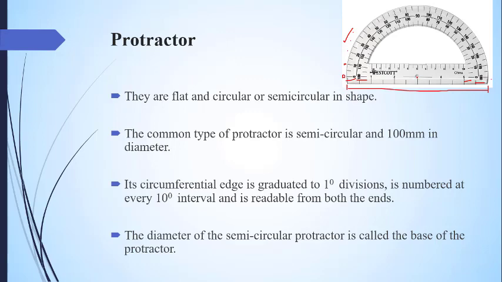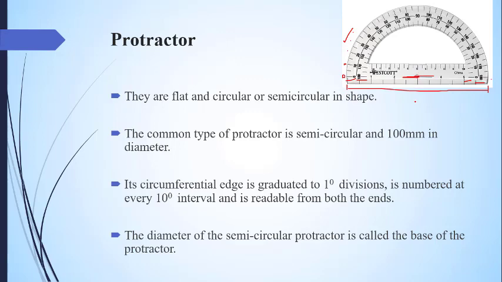We must keep in mind, if you want to measure the angle, this point, here is a line and here is a point, must be kept on the line or the area which we want to measure.